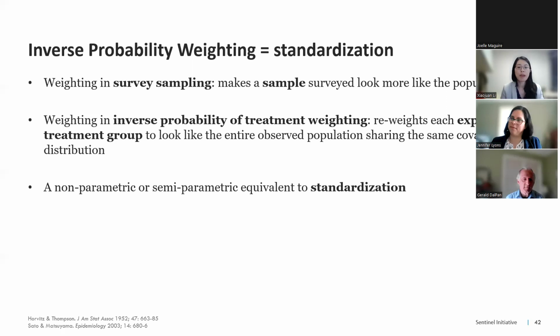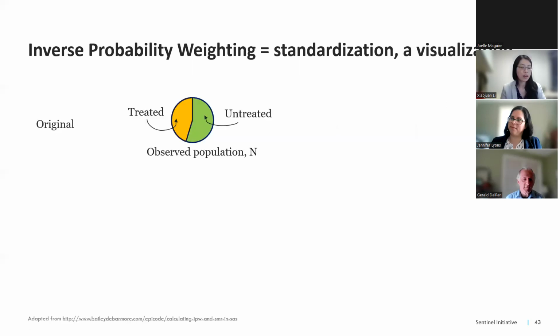So what do I mean by that? And I also want to show you how, in another way, why we say that. So here's a simple visualization. We have an observed study population of size n, with treated individuals shown in orange on the left, and untreated individuals shown in green on the right.